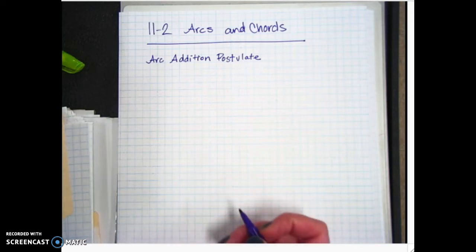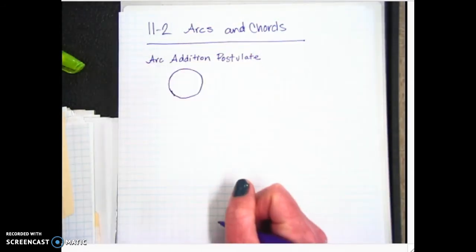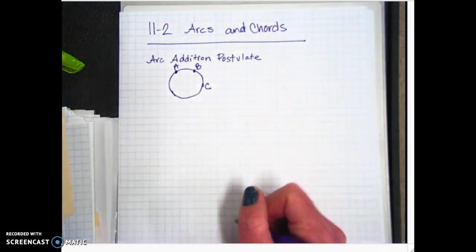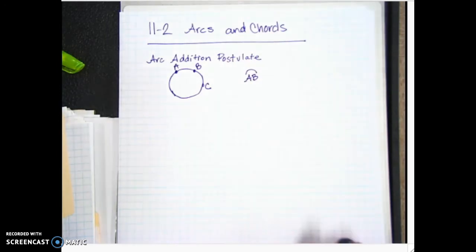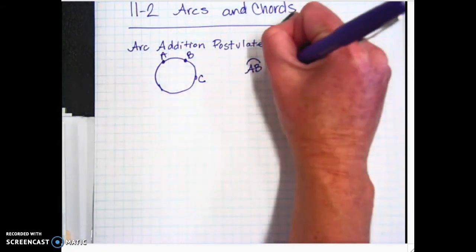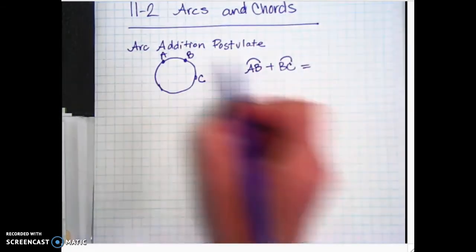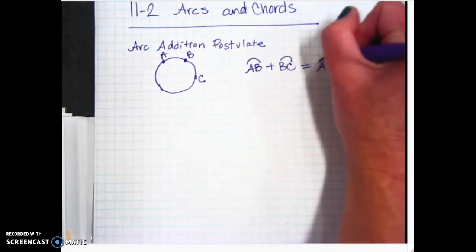So guess what happens with the arc addition postulate? You have a circle. You take the first arc. We'll call these 3 points on the circle A, B, C. So we'll take the first arc, which is AB, and we'll add the second arc, which is BC, and it's going to be equal to arc ABC, all of it.